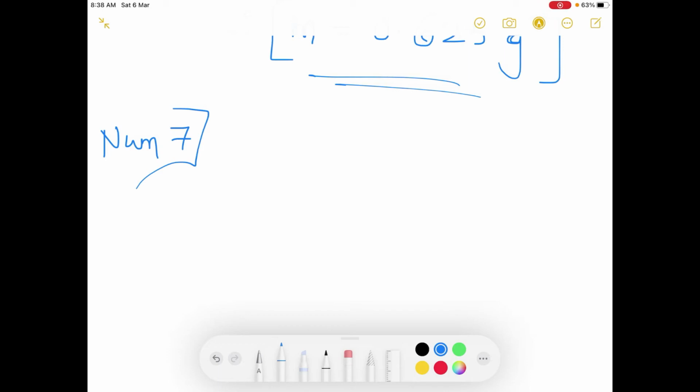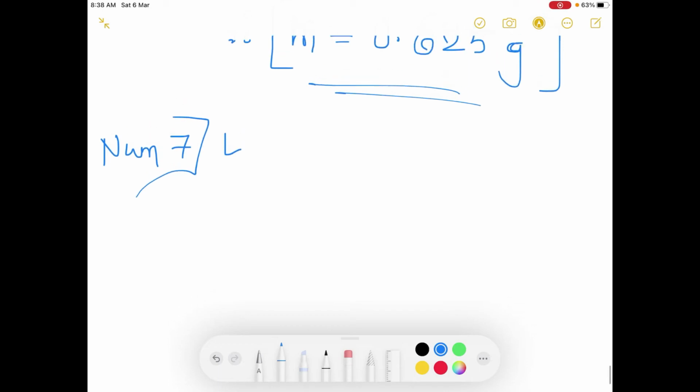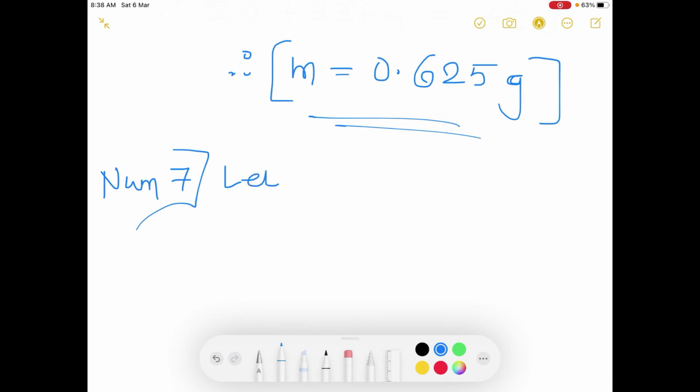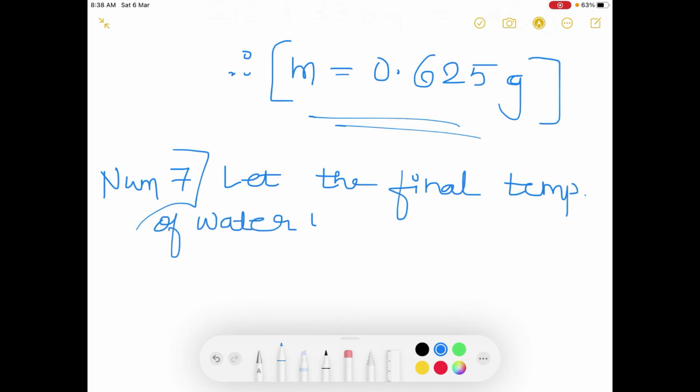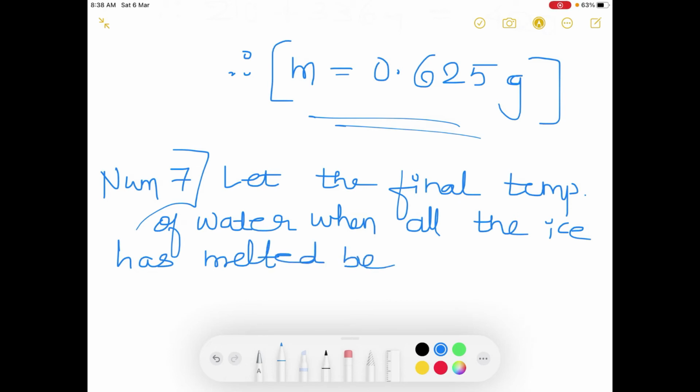Let the final temperature of water when all the ice has melted be T degree Celsius. We don't know how much it is, so let us assume T degree Celsius.